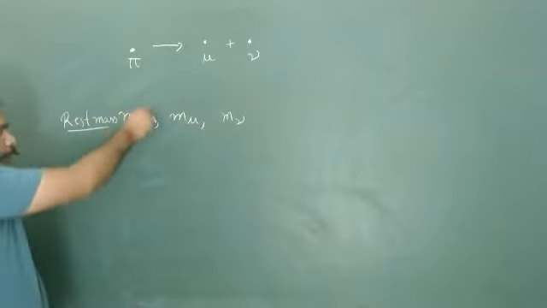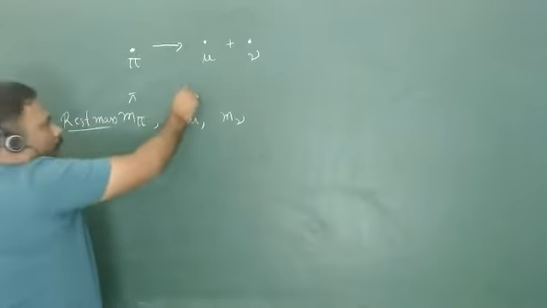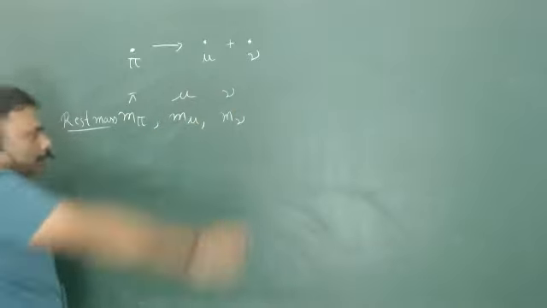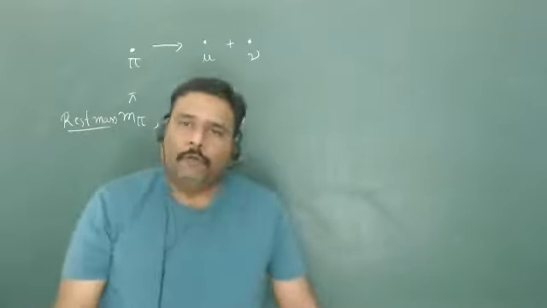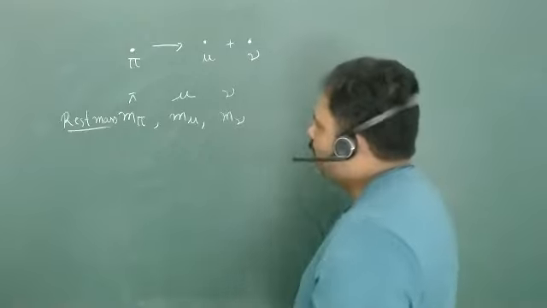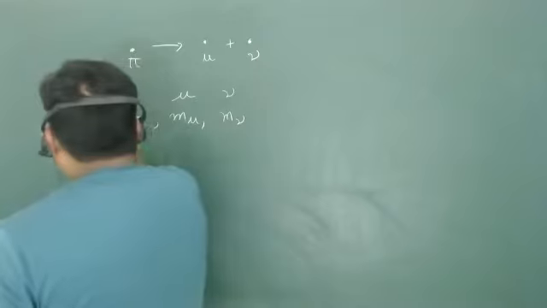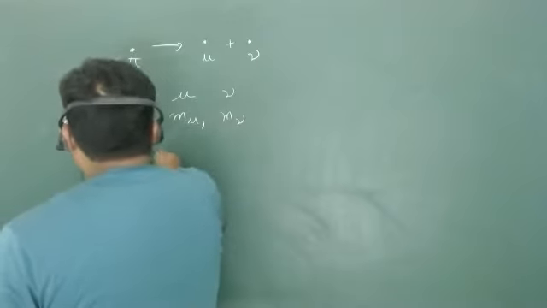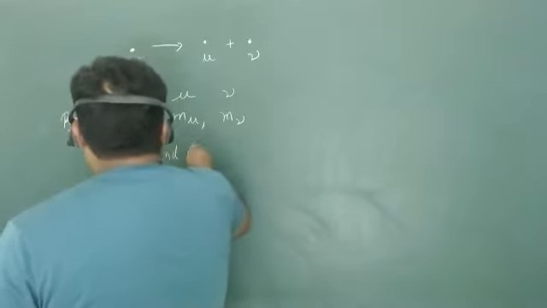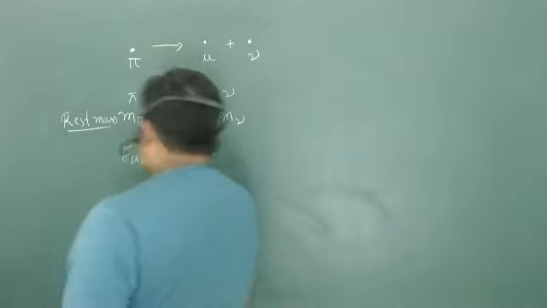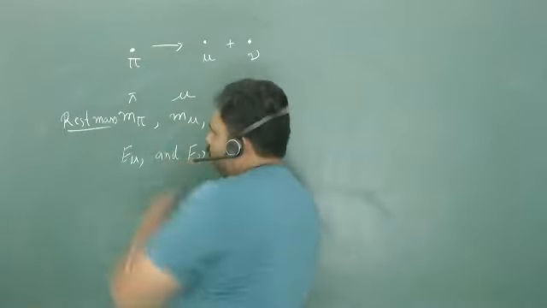The rest mass of pion, muon, and neutrino is given. What do I have to calculate? I have to calculate the energy of muon and the energy of neutrino.